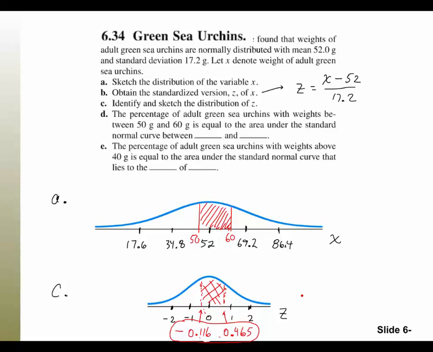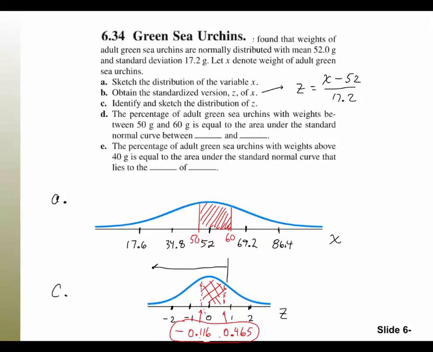So this chart gives areas to the left of a certain z-score, always to the left, okay? These are always areas to the left of a certain z-score on the standard normal curve. So if we just wanted the percentage less than 60, that would be all of this area underneath from here over.